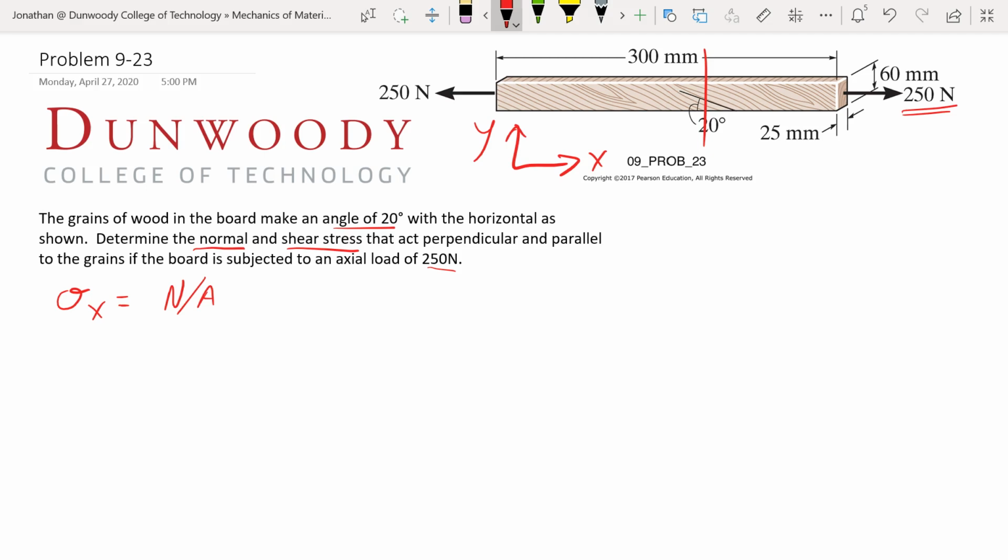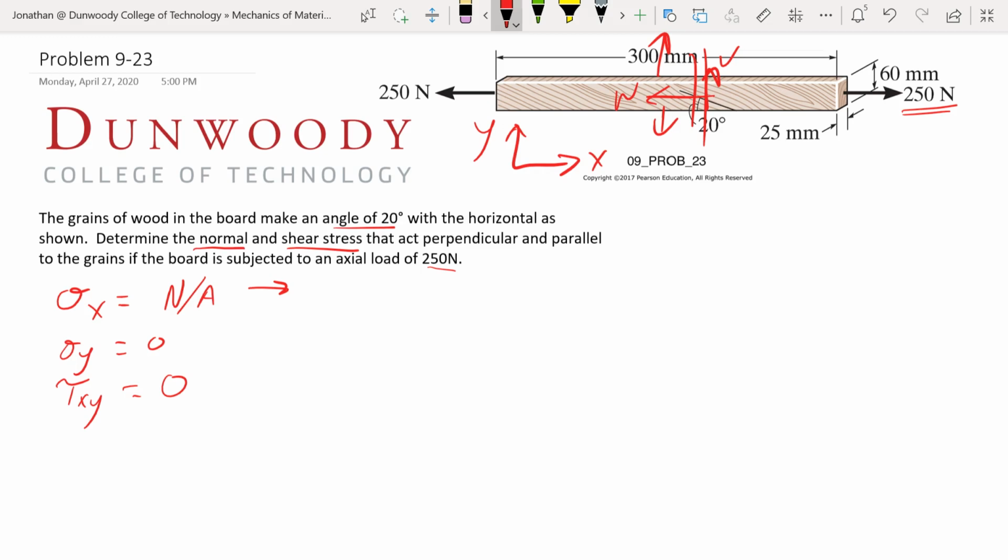In the y direction, the vertical direction, there's nothing pulling up on this or that. So sigma y is going to be 0. And in our original configuration here, tau xy, if I section this here, I only need this normal force. I don't have any V that would be acting up. So that's going to be 0 as well.